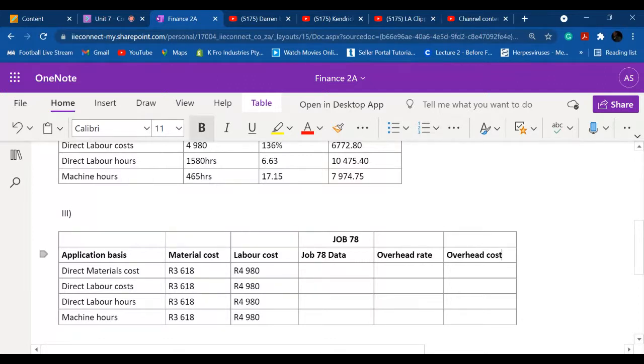I'm going to just plug that in over here. So we don't duplicate what we've already done.